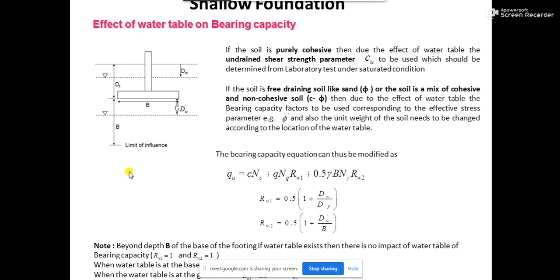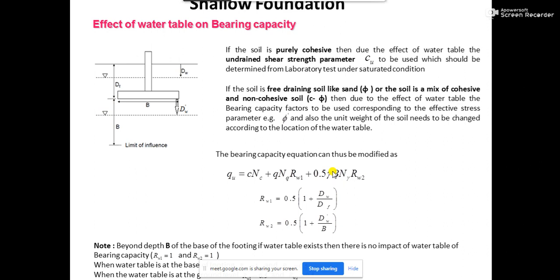So when the water table reaches the base of the footing, it is actually reducing the value of gamma to half of its original value, that is gamma bulk or gamma saturated. Basically, instead of this RW2 factor, if you use the value of gamma as gamma submerged, then also your calculation will be perfect.